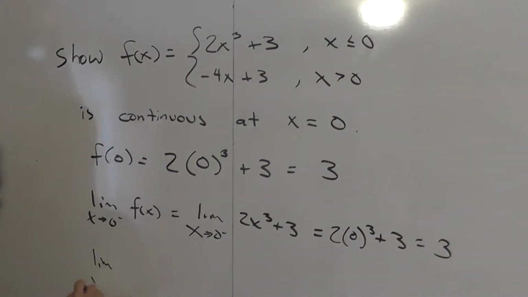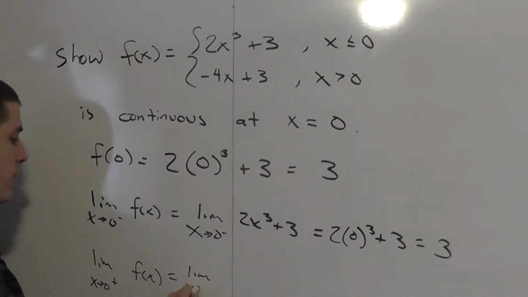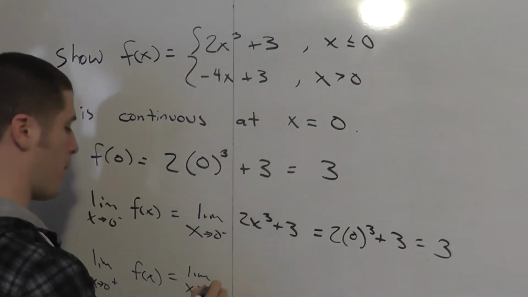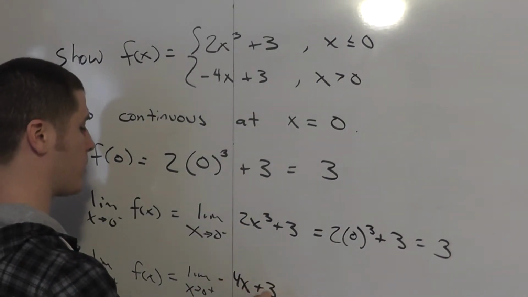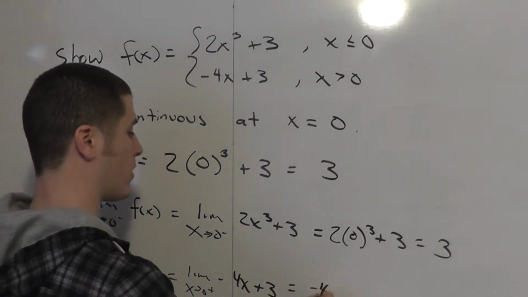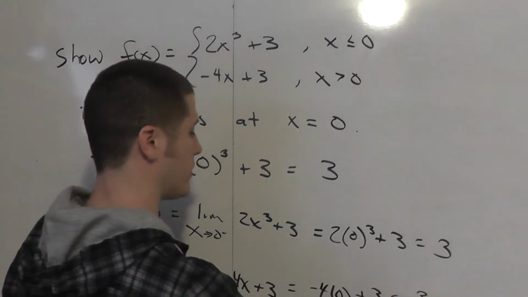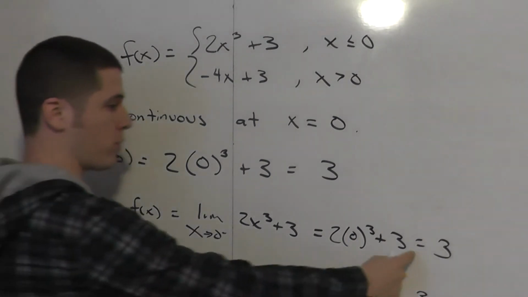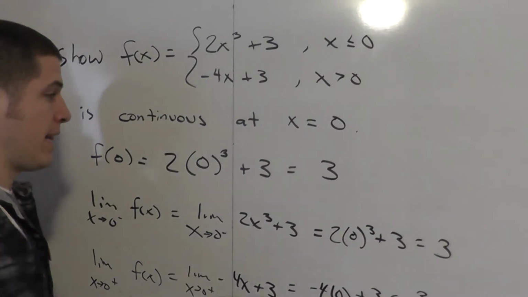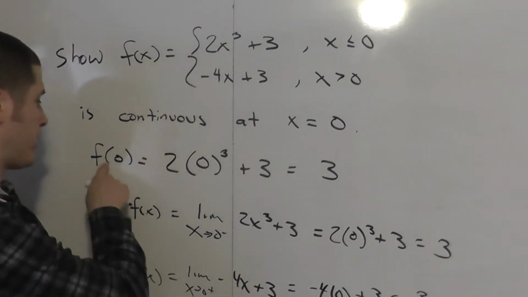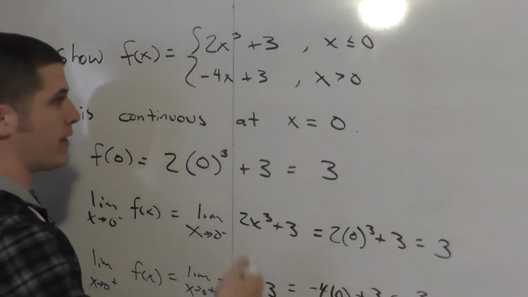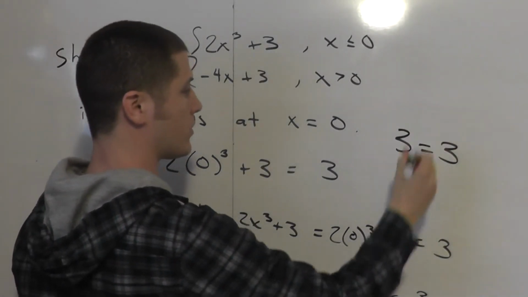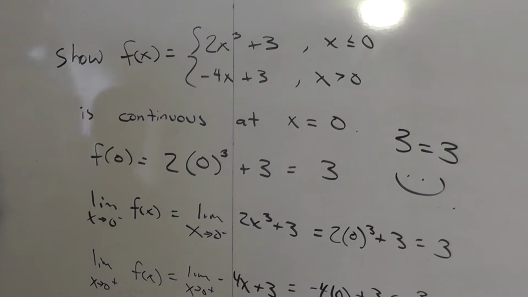Now, what's the limit as x goes to 0 from the right of f of x? That's the limit as x goes to 0 from the right of minus 4x plus 3, and minus 4 times 0 plus 3 is 3. Since the limit from the left of 0 equals the limit from the right of 0, both equal to 3, the limit exists, and that limit is 3. And notice that f of 0 was 3, and 3 equals 3, so we are happy f is continuous at x equals 0.